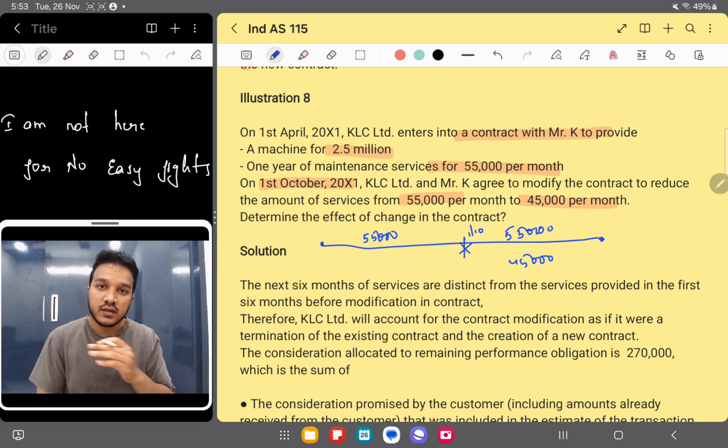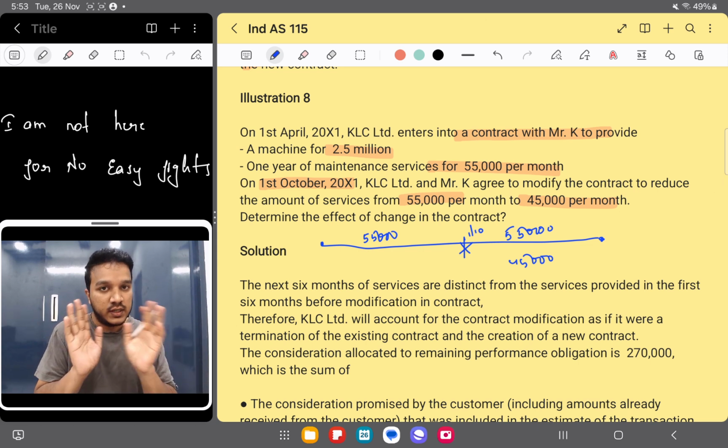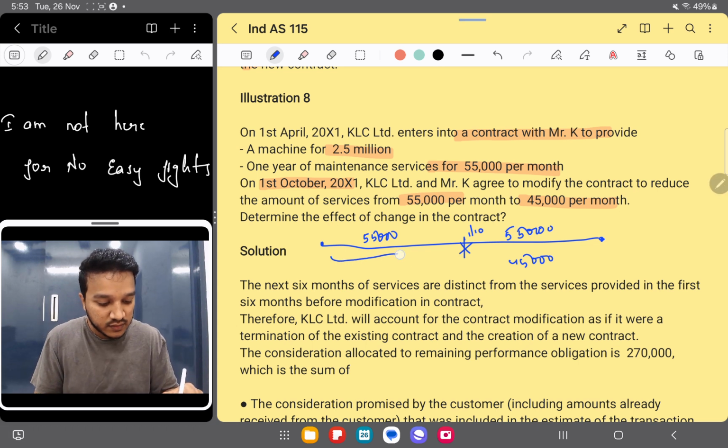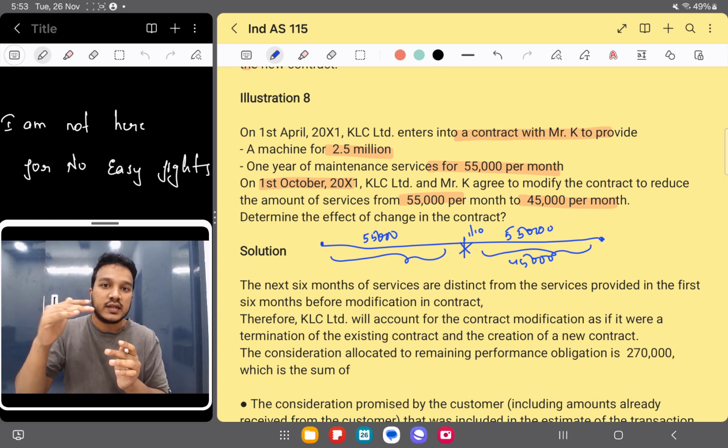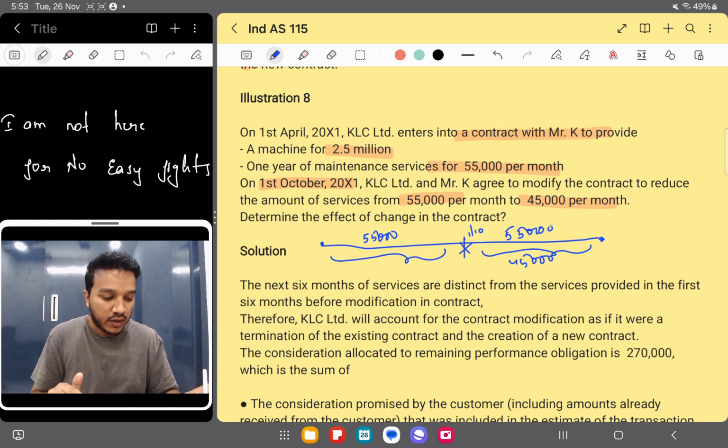Now we have to see whether the services provided are distinct or not. We have concluded that the services provided here are different from the services provided here. So in case of distinct services, treat the earlier contract as having come to an end. Terminate the earlier contract, and then create a new contract, that is 45,000 per month into 6, which comes to 2,70,000.